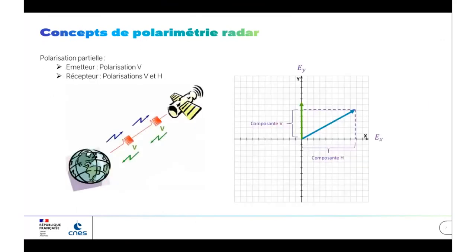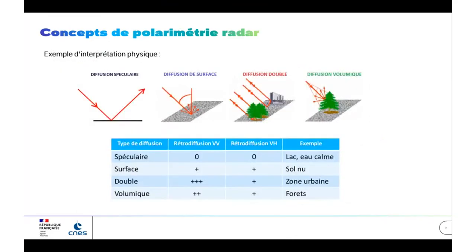Basically, we're going to be emitting in the vertical direction and then receiving in both directions. By comparing how much we've emitted to how much we've received in each of these polarization directions, we derive information about what happened at the surface when the wave came into contact with it.